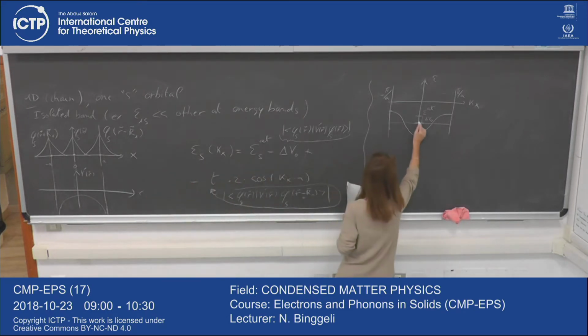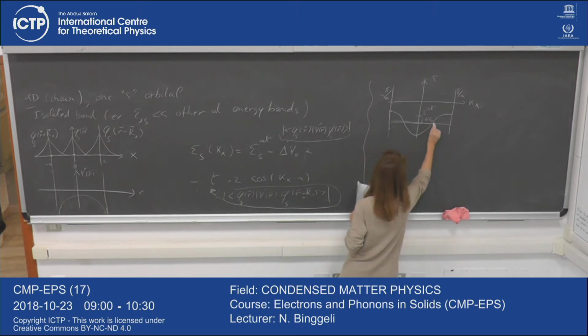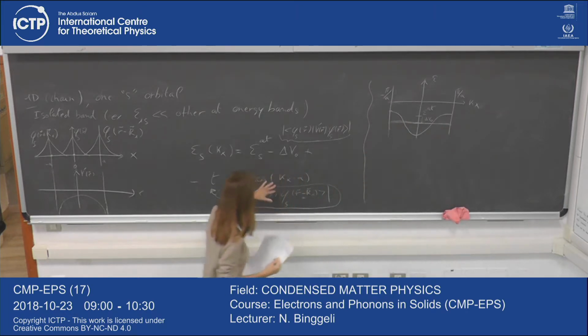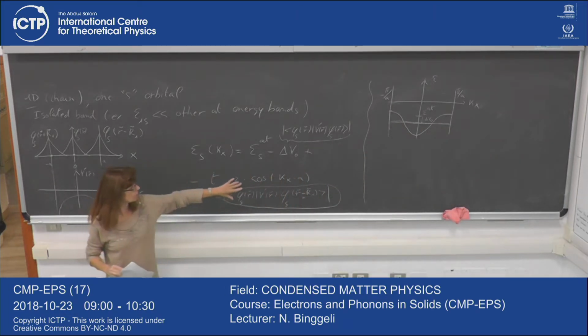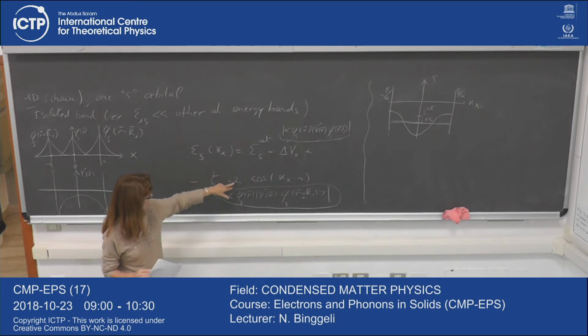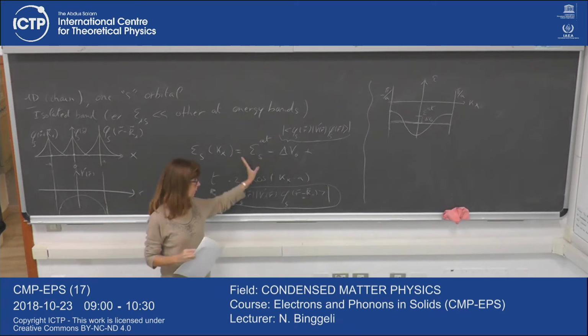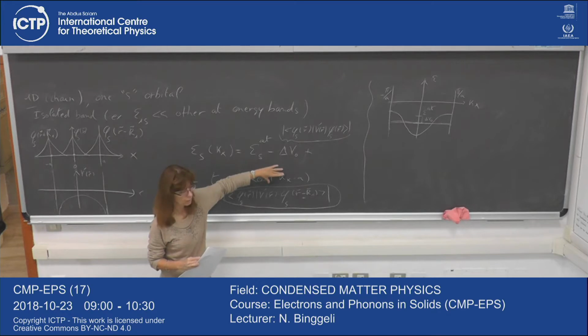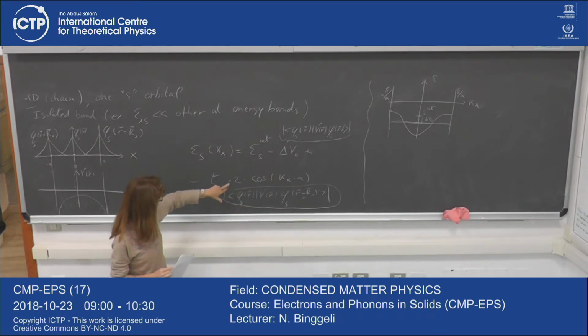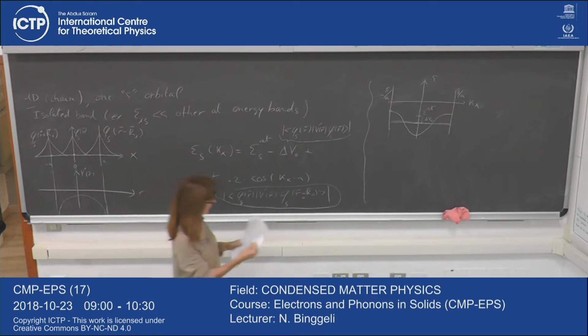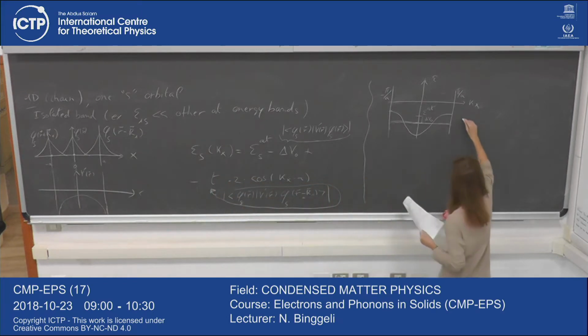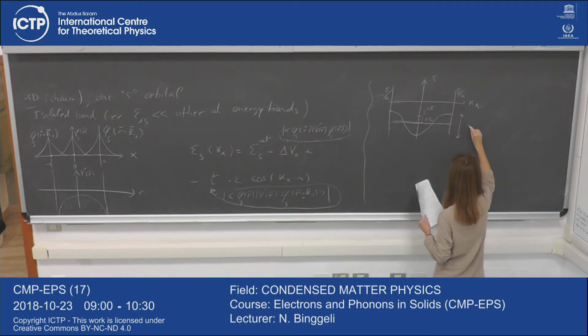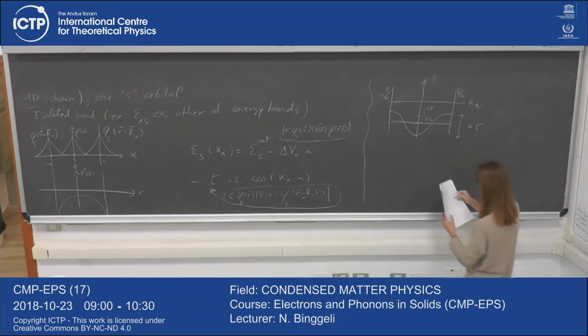It's this value here. And the width, the cosine goes from minus 1 to plus 1, so the width is 2. I have a 2 here, so 2 times 2 times t, I will have an overall width of my band that will be 4 times t.